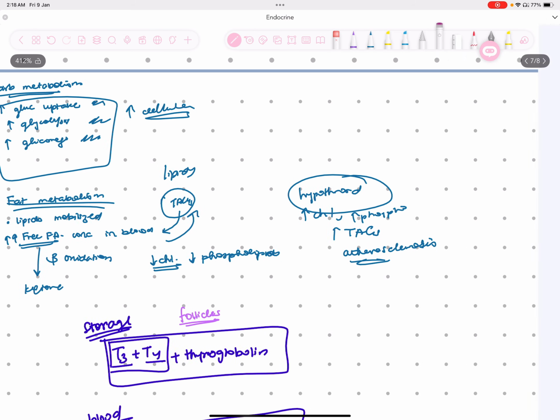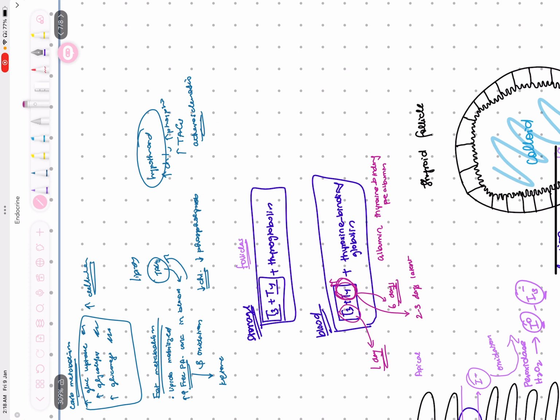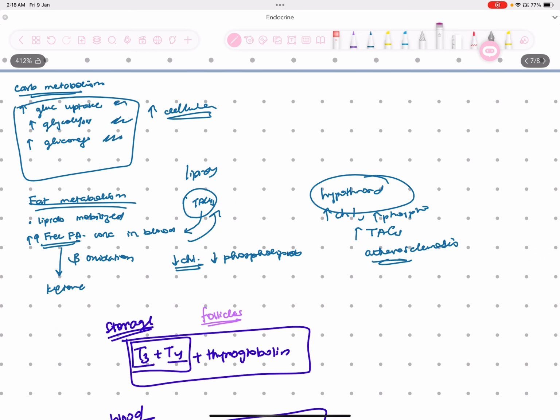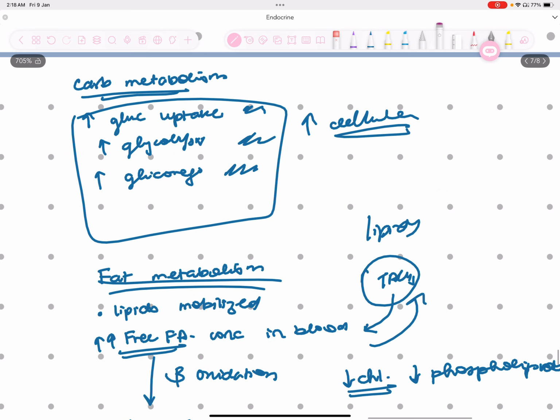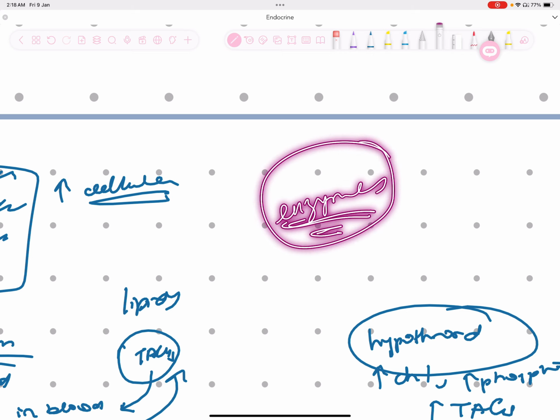Now, there's also increased requirement for vitamins. What does this mean? Since everything in the body is increasing, there are a lot of enzymes increasing, and there are a lot of transport proteins increasing, but primarily let's refer to enzymes. So vitamins will also increase because many of these enzymes need coenzymes and many of those coenzymes need vitamins, right?